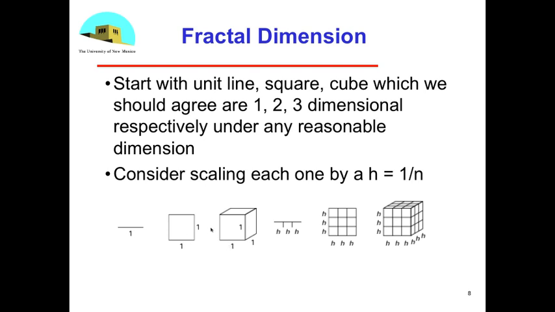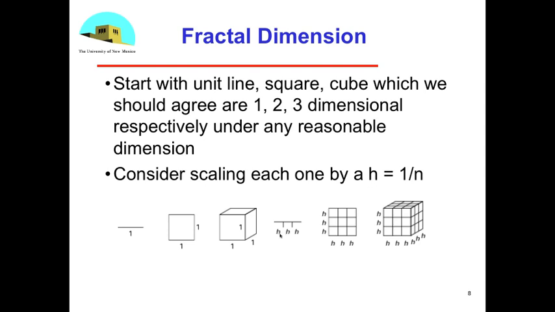So starting with that, let's argue as follows. Suppose I scale each of those objects by a factor of h. So for the line segment, I would be dividing it into n parts, each of which was scaled by this h.